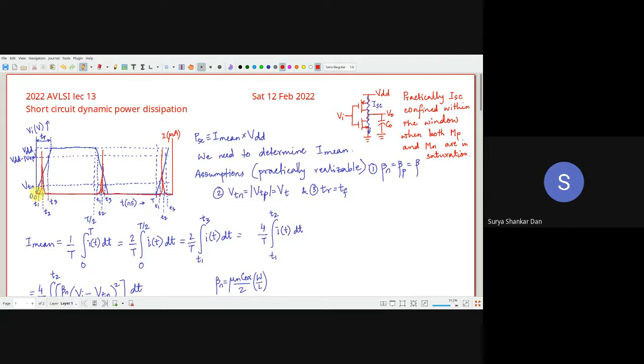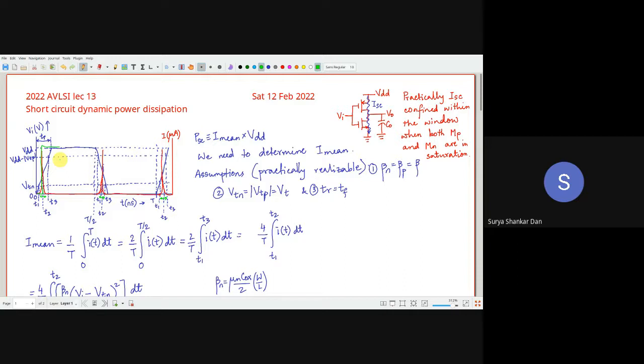Because you are switching straight from one level to the other. There is hardly any duration in which the current will go up and come down. In other words, the current will be a spike function. You can see that the red ones are still spiked, but even then it is not an ideal one. There is a spread in the time domain, T1 to T3.